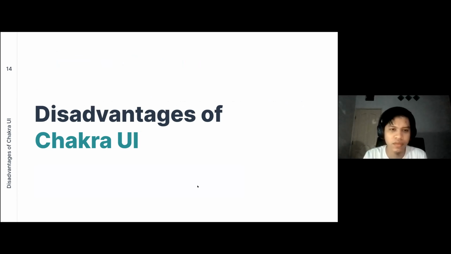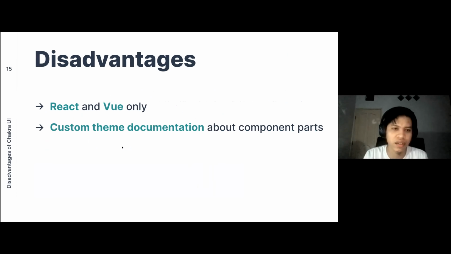So after that, we're able to write style props on the component. Of course, there is no perfect thing, and Chakra UI has disadvantages too, which I found when using it. Chakra UI is just available for React projects and Vue projects. So if we have a pure HTML or CSS project, we're not able to use this.